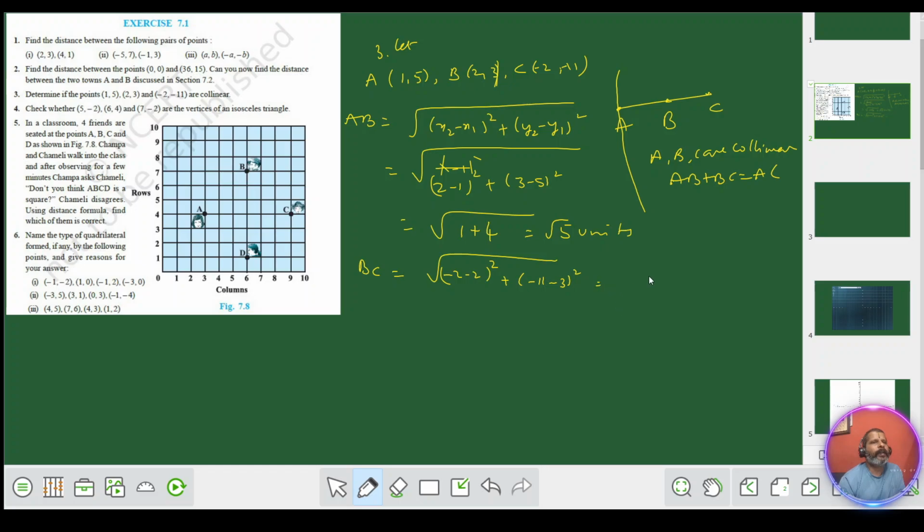That is square root of (minus 2 minus 4), 4 square is 16, plus (minus 3 minus 11), minus 14. 14 square is 196.